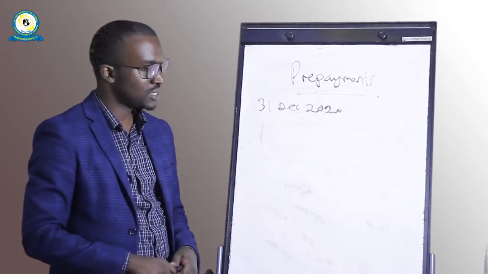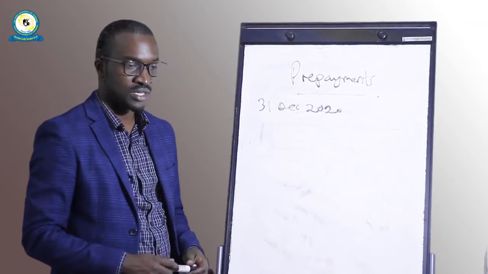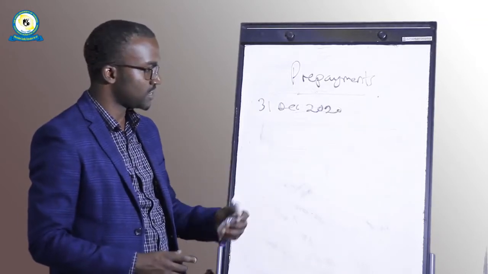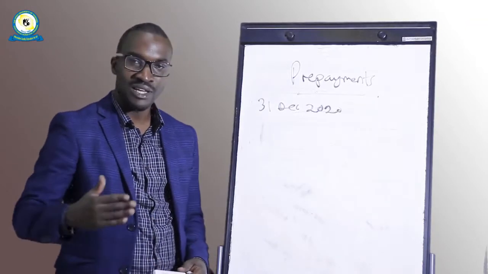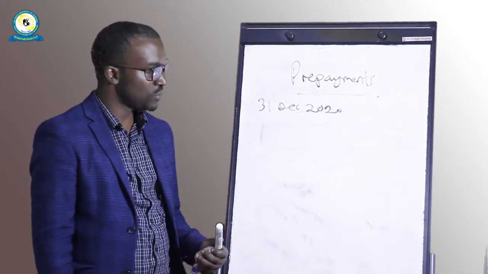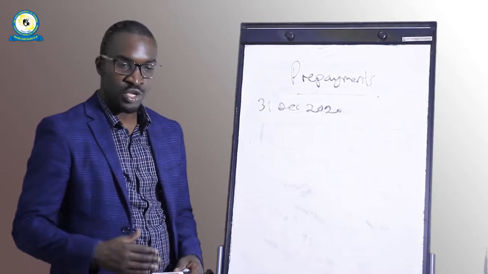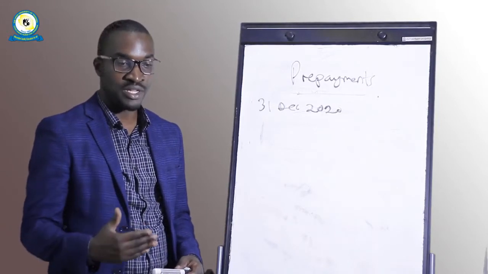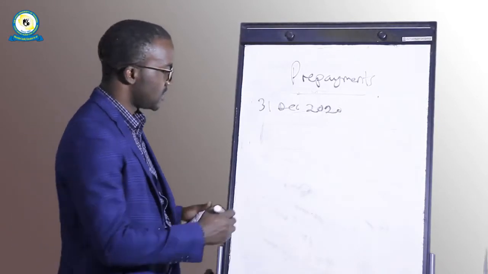Now assume that you have a business that is an accounting period that ends at 31st December. And then on 1st January of the year 2020, you have an insurance of 300 that has been paid in advance.